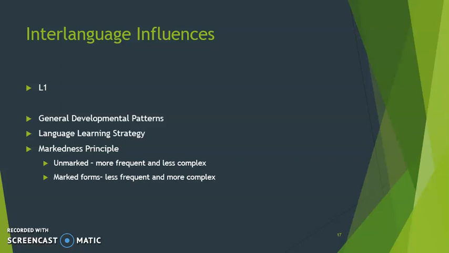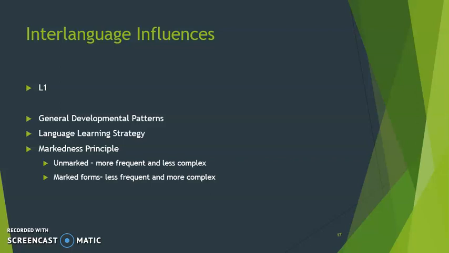It's a theory in linguistics where some structures, constructions, and features of language are unmarked, meaning that they're more common, more frequent, less complex, while other forms are less frequent. They're more complex, they're marked, they're a little bit more unusual in some way.